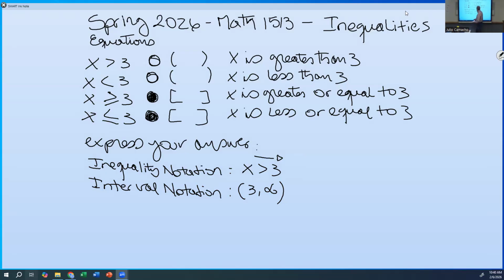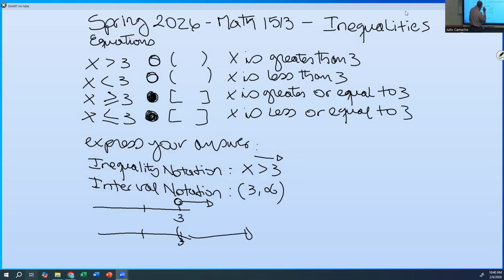If we have to graph, you put your number line. I will abbreviate it for the sake of time. That is your 3. You can use an open circle and a line in this way, or you can also use parentheses over the 3 and the line going in this direction.